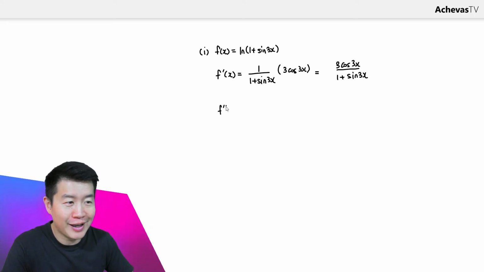And then let's try to find f double prime x by differentiating this one more time.